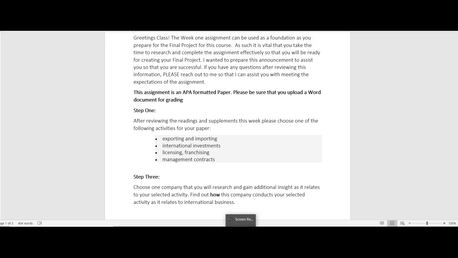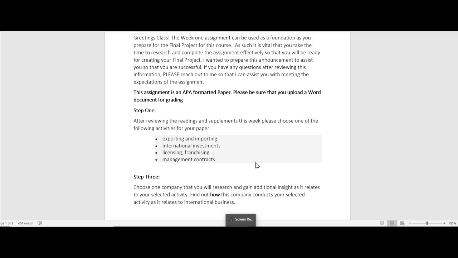I think that if you take time preparing each of your weekly assignments, it will help you complete the week 7 final project easier. So this is an APA formatted paper. So as a paper, it should be uploaded as a Word document for grading. And I'll discuss a little bit more about the formatting of APA in a bit.